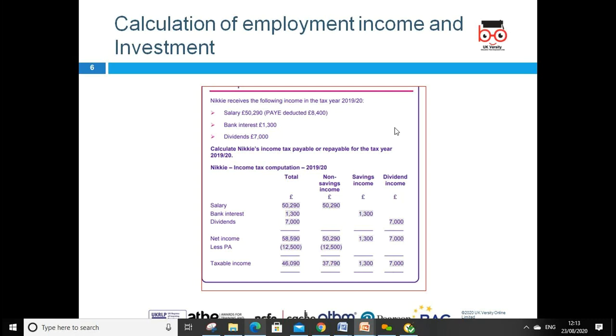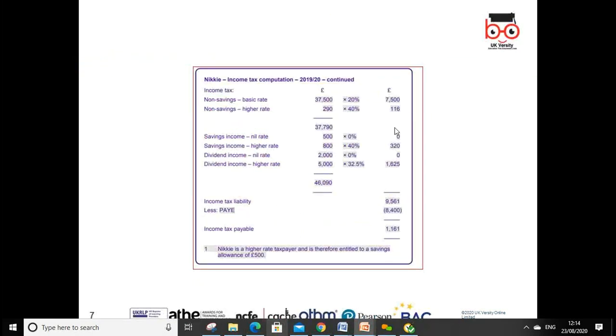So the first pound to 37,500 will be 20%. Then when we do the savings income, because we are a higher taxpayer, only 500 will be exempt. Other than that, 40% tax will be applied, which we'll go through in a minute.